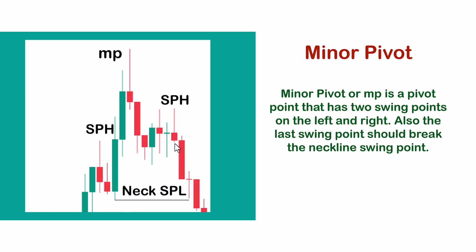An imbalance is the space between the shadow of the first candle and the shadow of the third candle in a three candle formation. For example, we have an imbalance from here to here, but I'm not going to talk about imbalances here. I'm going to cover that in the channel. But if you want to make strategies based on minor pivots, you should pay attention to imbalances.